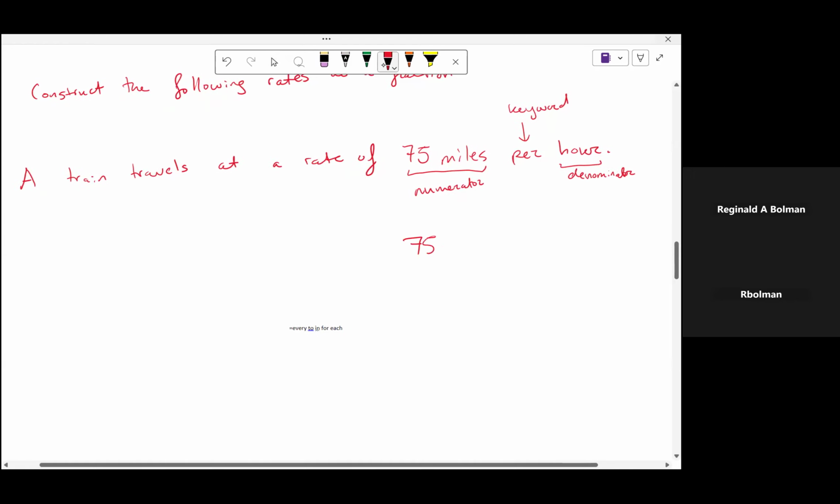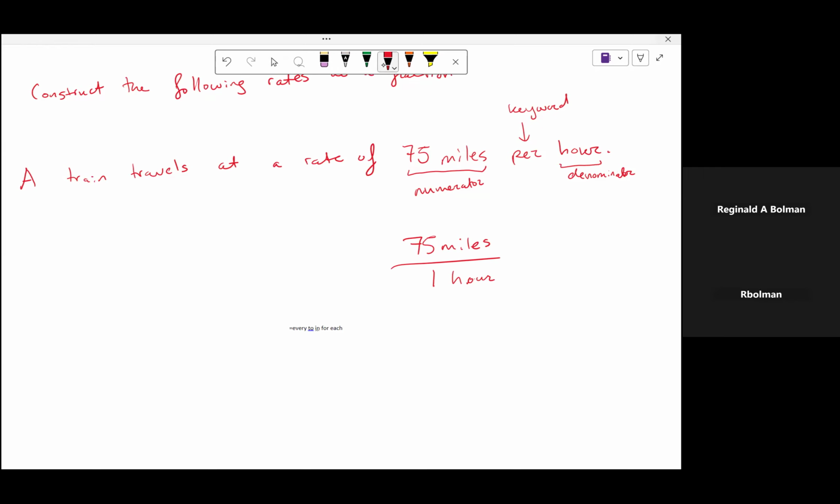So if we were to construct the rate, we would have a fraction set with 75 miles in the numerator and 1 hour in your denominator. Note, per hour means that the hour would indeed be the units in your denominator, but since nothing has been specified, we just write 1 unit.